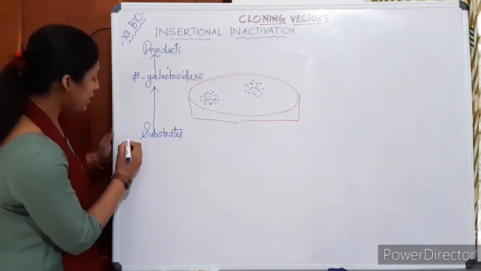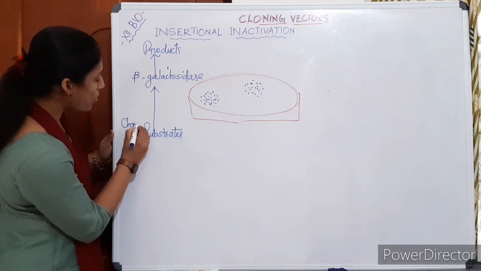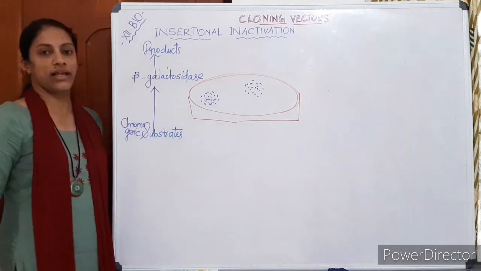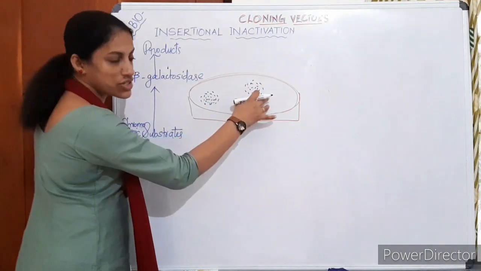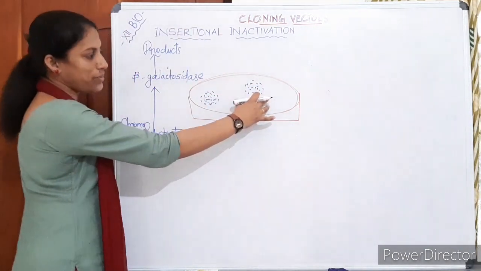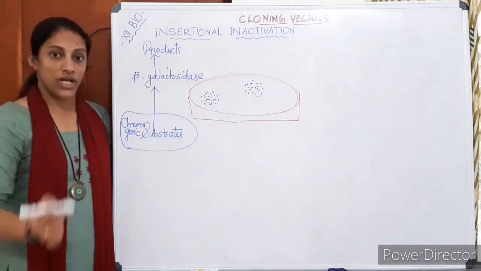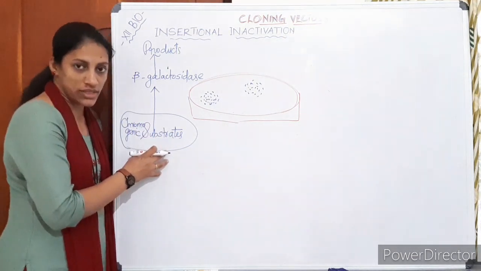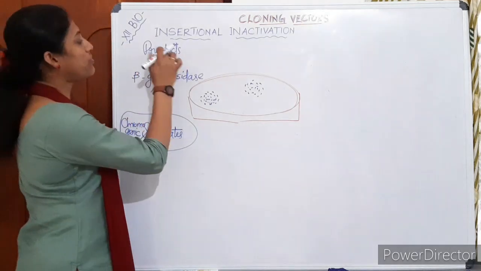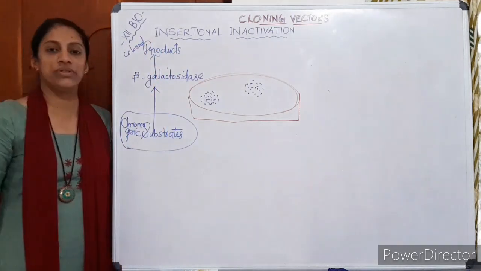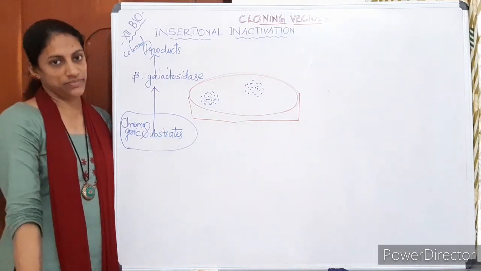Then, suppose here we are providing chromogenic substrate for the action of beta-galactosidase enzyme. In this particular chamber, petri dish or in our container, we are giving chromogenic substrate. Chromogenic substrate means on action it produces colored products. This will produce colored products.